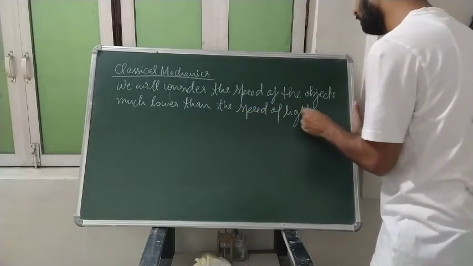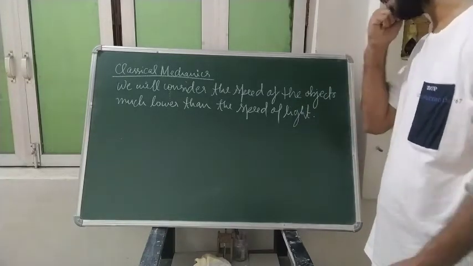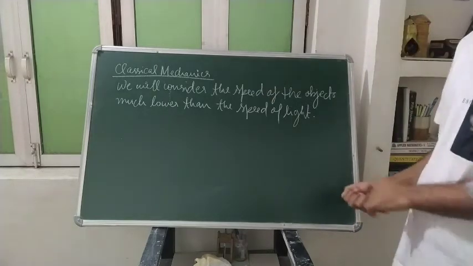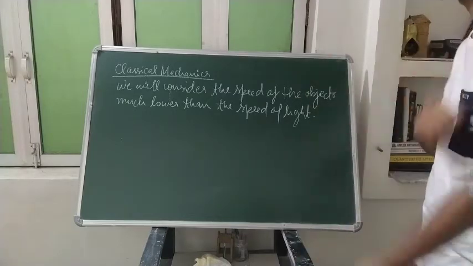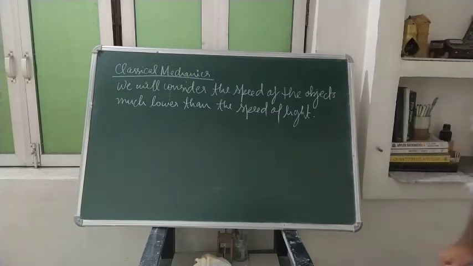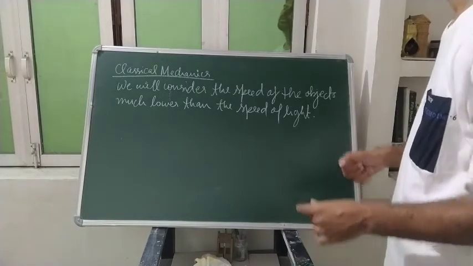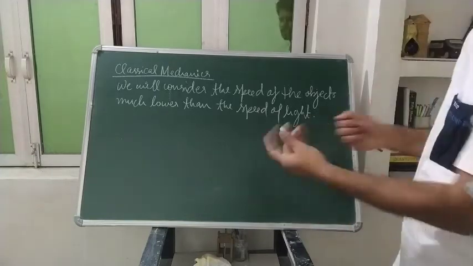So our speed of the objects will be very much less than the speed of light in our classical mechanics. And when we are considering the speed of light, the theory of relativity will start coming, and that is not present in our course. Okay. But this pseudo force is present. Pseudo force, that introduction of the theory of relativity is present in our course, so I have given that.